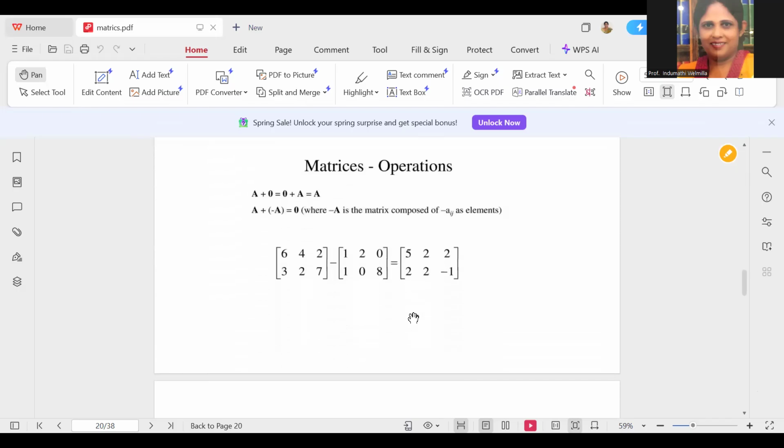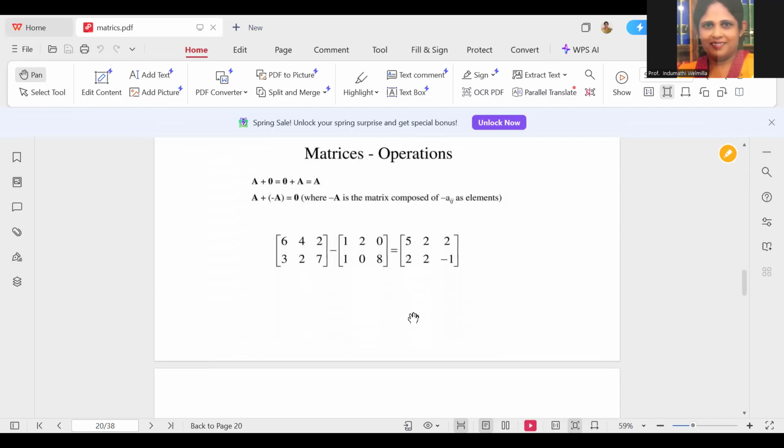But this is another one, matrix operations, minus, right? Deducting one from another, right? So in here you can see I have given two matrices again.